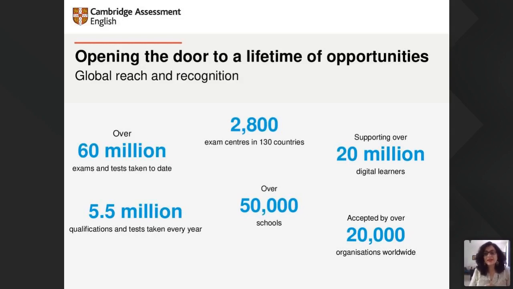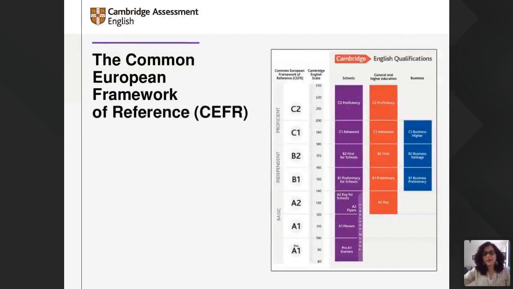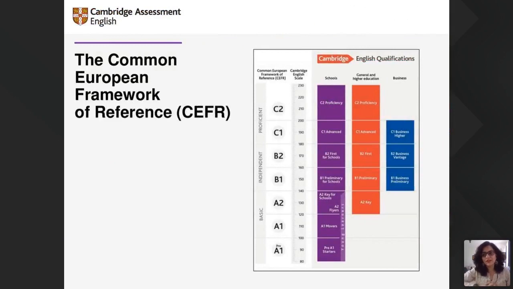Cambridge exams are offered by more than 50,000 schools across the world, and every year around 5.5 million candidates take the Cambridge qualifications and tests, and to date we have more than 60 million people who have taken our exams and our tests. So that was to give you an overview of the Cambridge assessment exams.